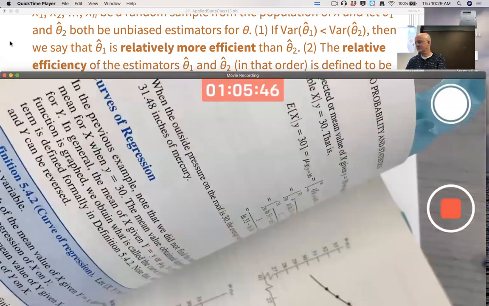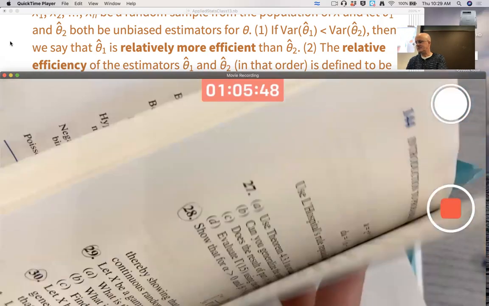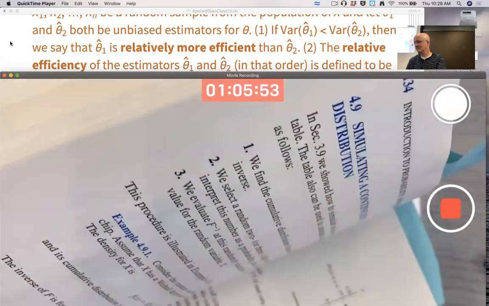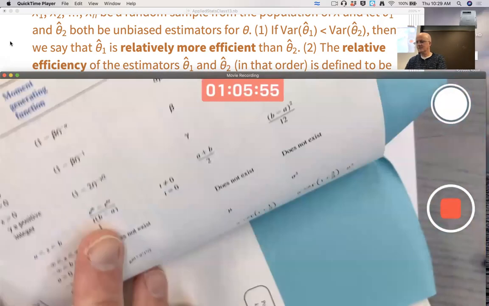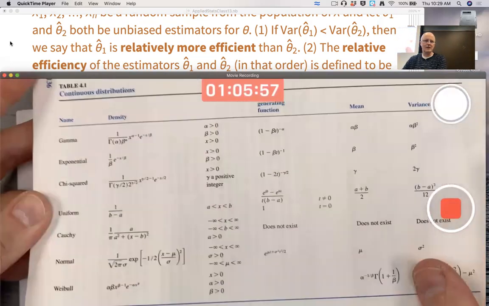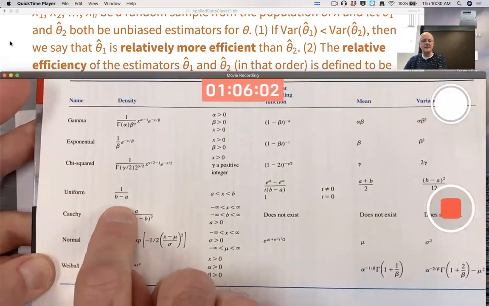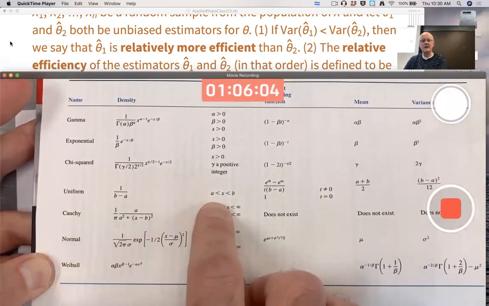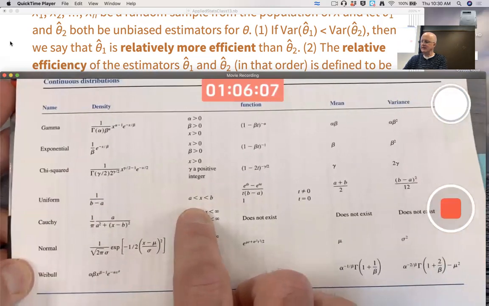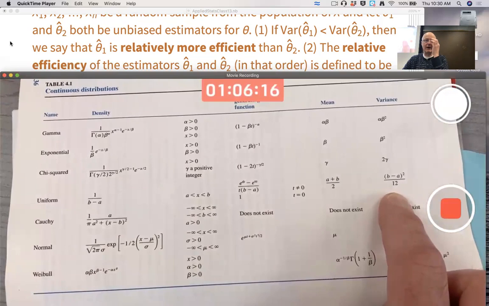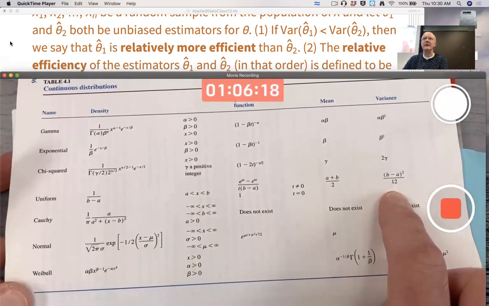Chapter 4. Uniform distribution is in there. There it is. There's the density when x is between a and b. There's its variance: b minus a quantity squared over 12. Kind of a weird variance to divide by 12, but that is the way it turns out. You can check by doing some integrals.